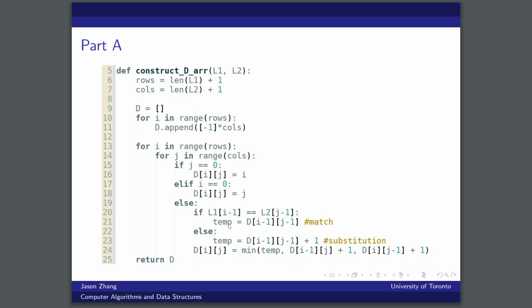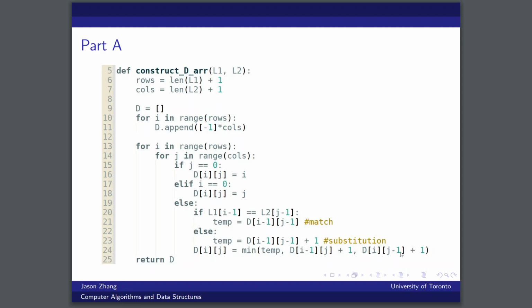And then, as we said earlier, d[i][j] will be equal to the minimum of temp, as well as the minimum distance when we remove an element from L1 or remove an element from L2, and we would need to add 1. This represents the cases of insertion and deletion.